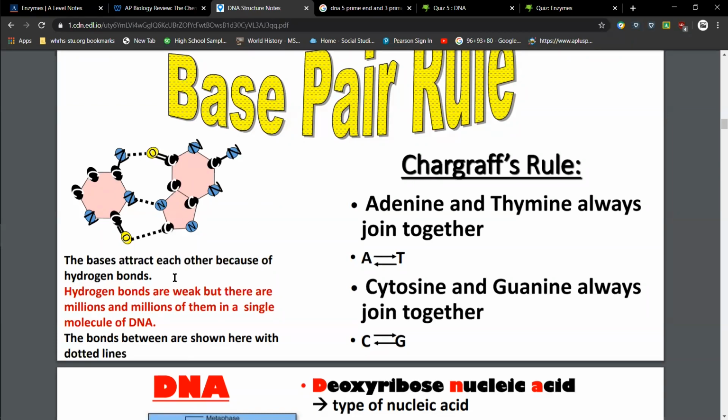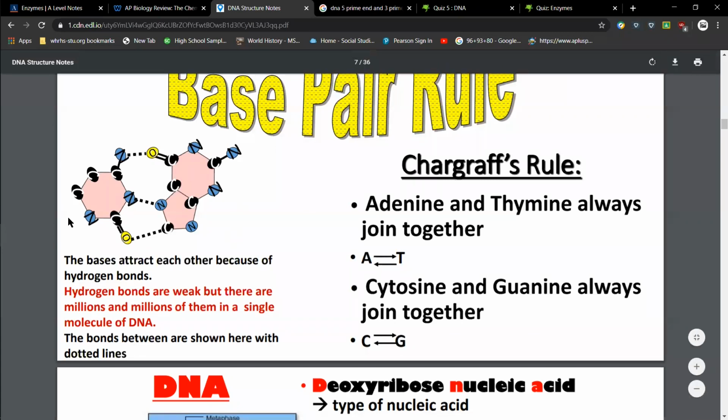Another key fact is that adenine and thymine will always form 2 hydrogen bonds between each other to hold each other, and cytosine and guanine form 3 hydrogen bonds. So if you look here, this is depicting guanine, cytosine. The way I know that is because it shows that there's 3 hydrogen bonds, meaning that cytosine and guanine have to bind.